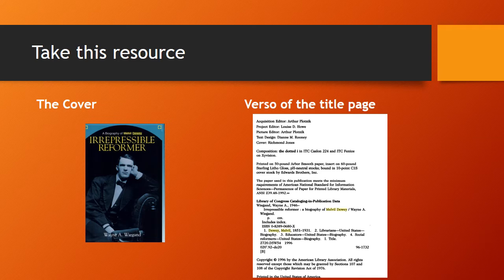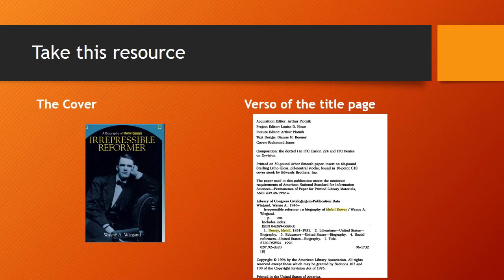Now, there's nothing in the book that tells you when this gentleman was born. You really need to look at a record for him that is created from his biography. These are called authority records, and we'll talk more about those in a couple of weeks.